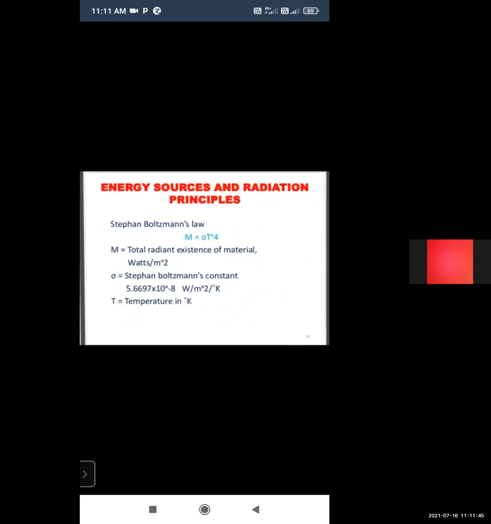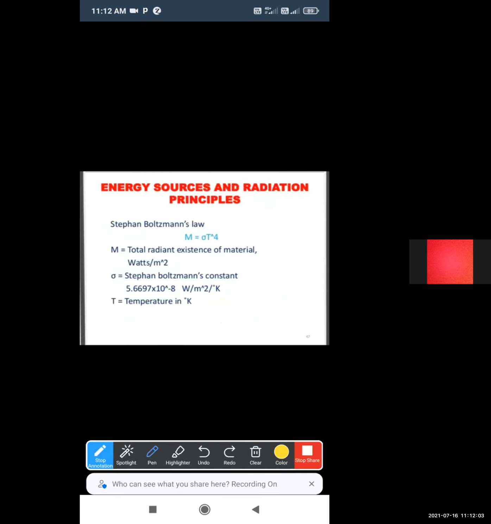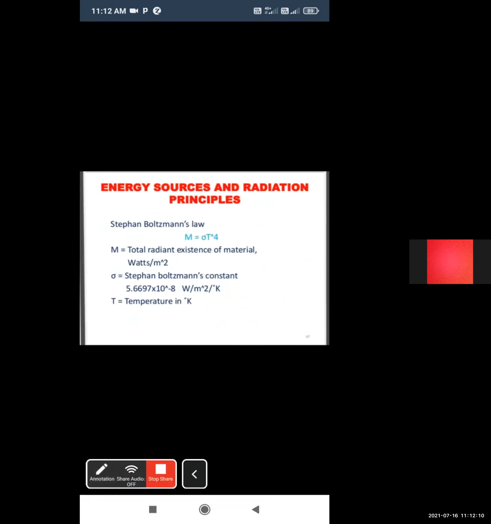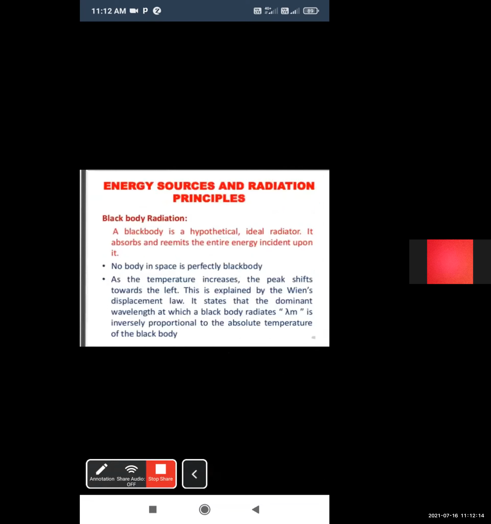The energy source and radiation principle is given by the Stefan-Boltzmann law: M equal to sigma T to the power 4, where M is the total radiant exitance of the material, sigma is the Stefan-Boltzmann constant and T is the temperature. So above 0 Kelvin, all material has its own radiation and can emit radiation.